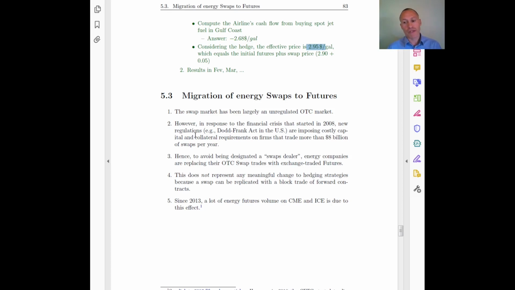I can always replicate the effect of a differential swap with a portfolio of forward contracts. So even though these regulation changes may move trading from one venue to another, in economic terms, things do not change that much because I can always get the same economic outcome either with swaps or with future contracts. All right, that's it.